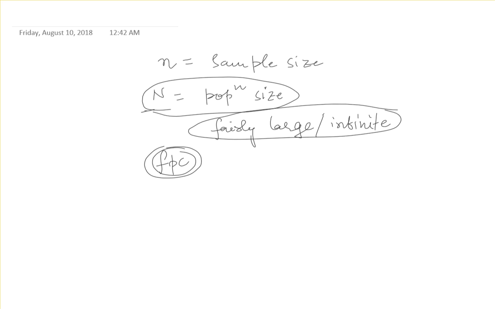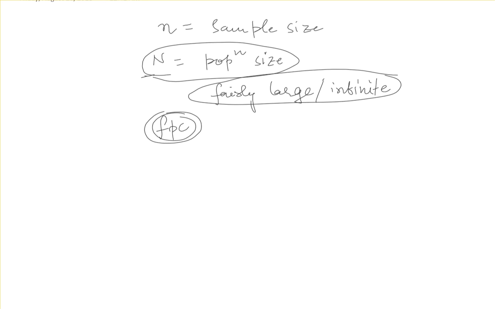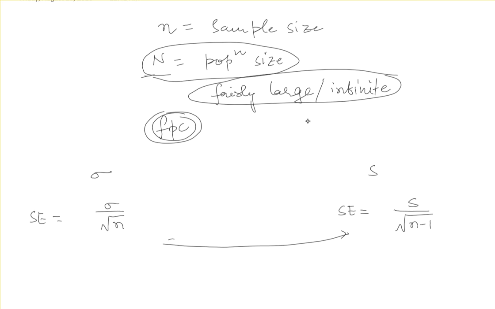Now there are two kinds of standard deviation: population standard deviation sigma and sample standard deviation S. If population standard deviation is given, then SE is equal to sigma upon root over n. If sample standard deviation is given, then SE is equal to S upon root over n minus 1. This is the basic difference between these two formulas.